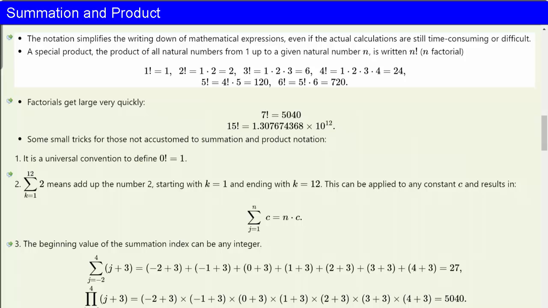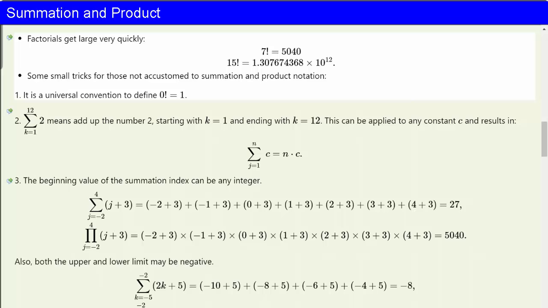And notice that 6 factorial, for example, is just 5 factorial times 6. So if we've already calculated 5 factorial is 120, then 6 factorial is 6 times 120 equals 720.